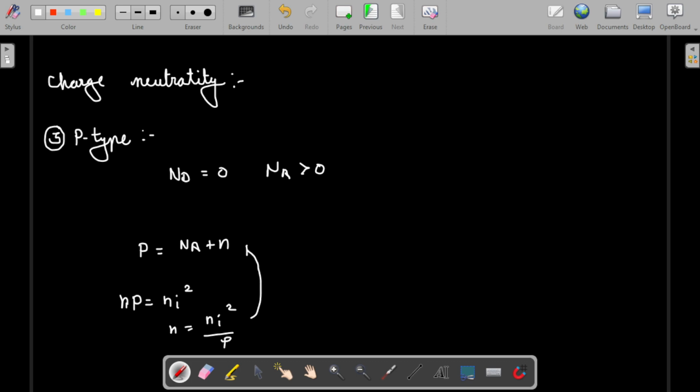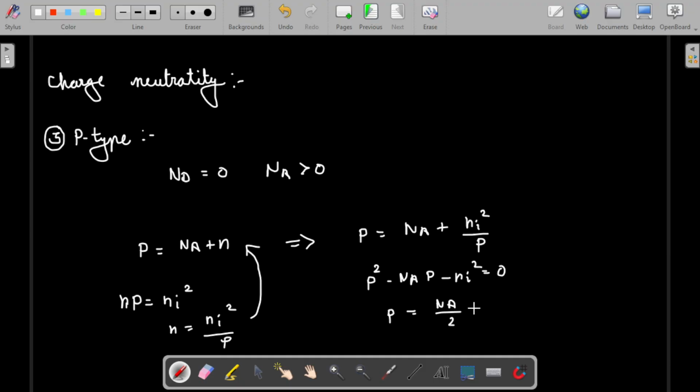Substituting this, we get p equals Na plus ni square divided by p. Making this into a quadratic equation, we get p square minus Na p minus ni square equals 0. Using the quadratic formula, p equals Na divided by 2 plus or minus root of (Na divided by 2) the whole square plus ni square.